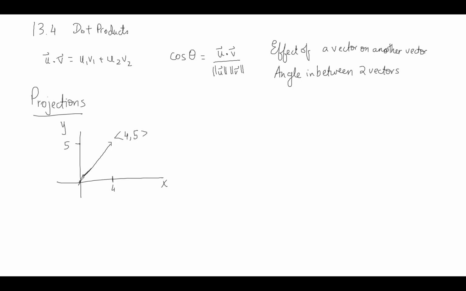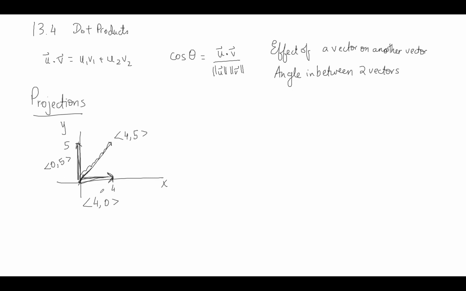If I'm thinking about moving along this vector, and I only care about how much I move horizontally, so I'm not going to look at how much I'm moving vertically, in the x-axis direction, I'm moving 4 units. So that would be (4, 0). And then I'm going to forget about the x-axis. I'm only going to look at the y-axis, and I want to look at how much I'm moving on the y-axis. And that would be (0, 5).